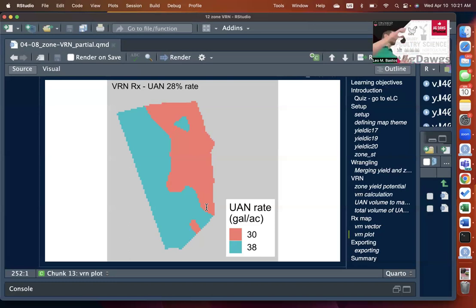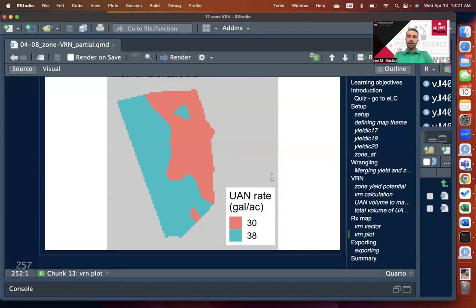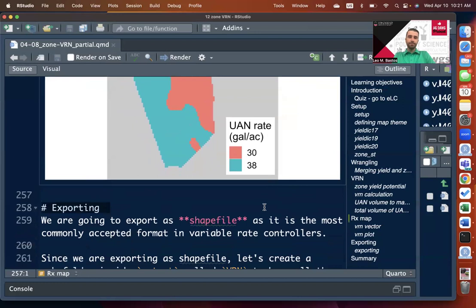That is a full circle of something that's very commonly done in Precision Ag, right? So with that, we wrap up a very important, very complex workflow in Precision Ag that could be applied in research and in production. It's really a common workflow to have.